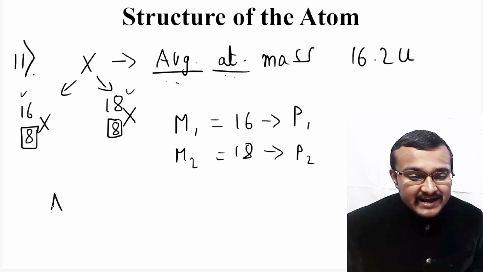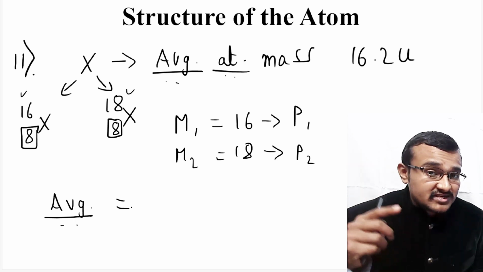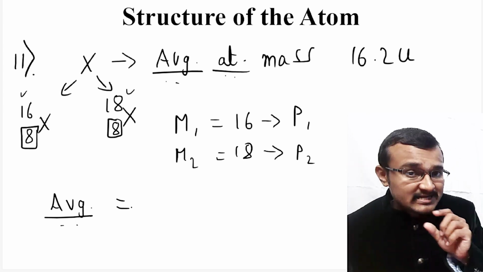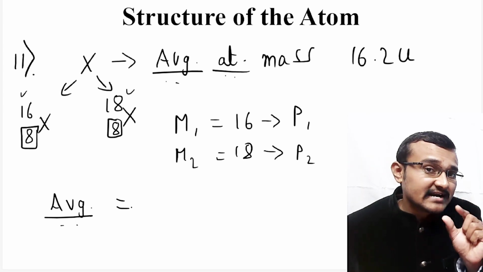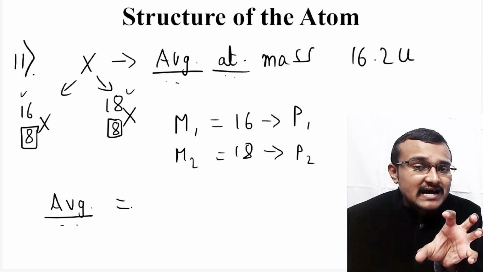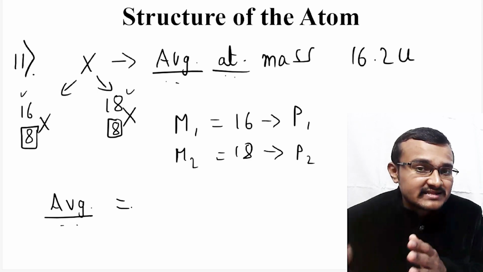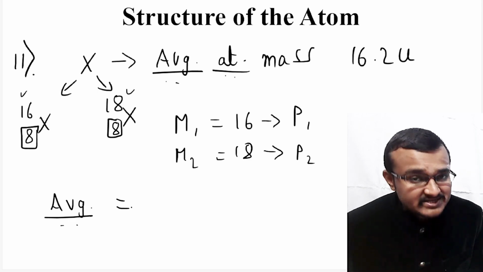To find the average atomic mass, as in the 10th question, we multiply the percentage abundance with the atomic mass of each isotope and add them up.